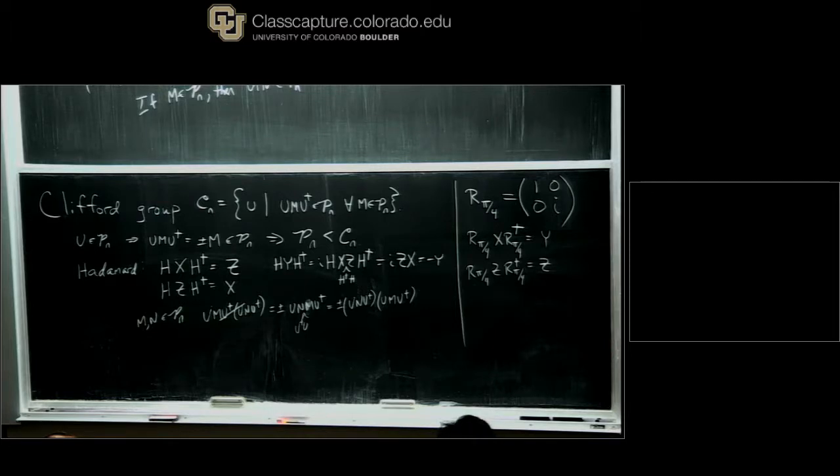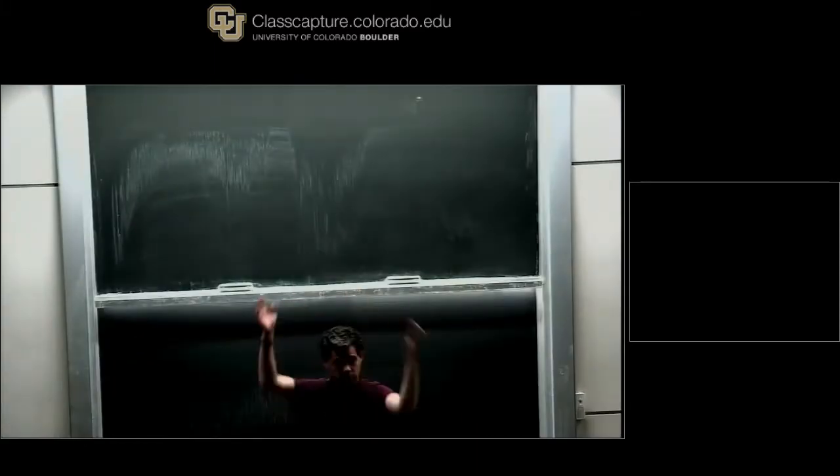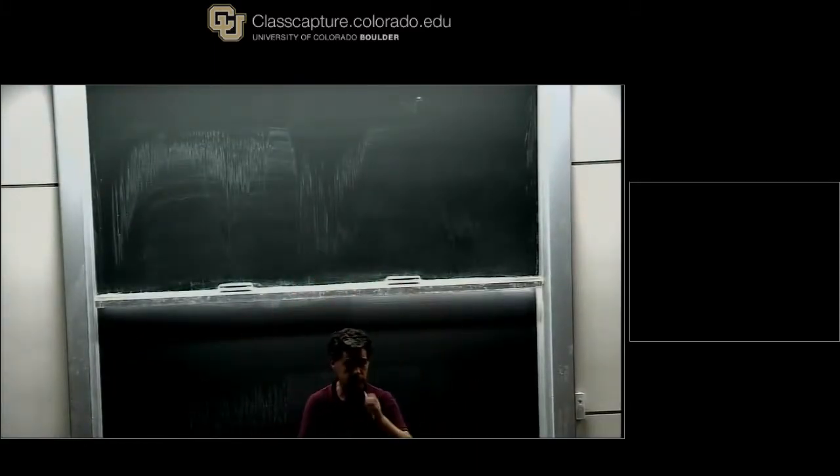Okay? And so if you think about the Bloch sphere, you see what we're doing here is we have the 3 axes, and we're doing reflections that switch them. And there's also one that rotates X, Y to Z, which you can get by taking the product of these two things. Okay?